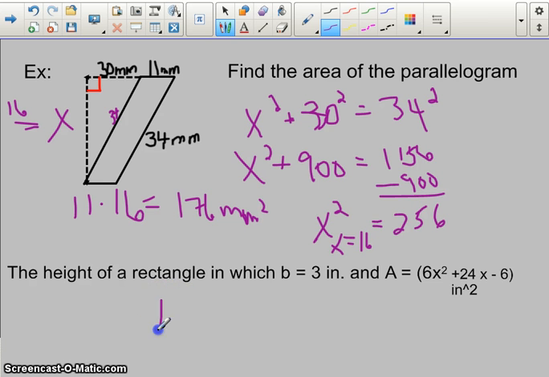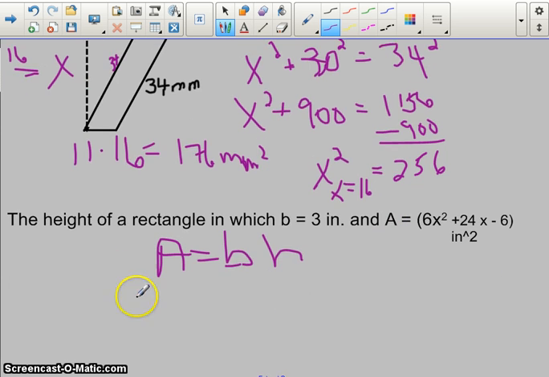So we're going to have area is equal to base times height. We fill in the area, 6x squared plus 24x minus 6, is equal to our base, which is 3, times the height.